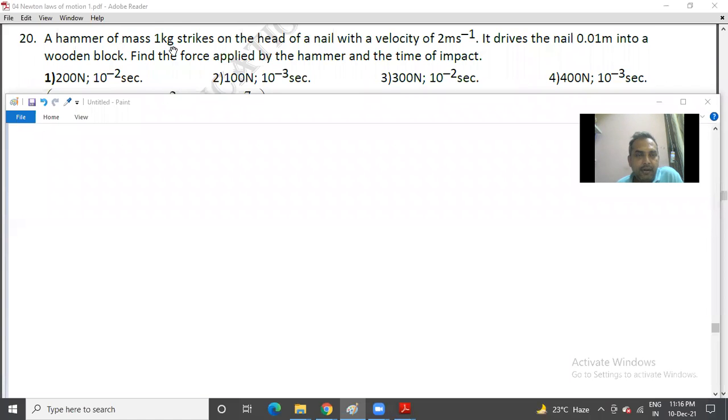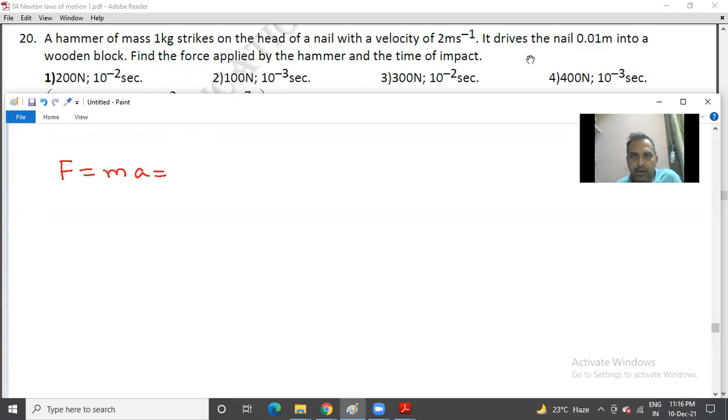A hammer of mass 1 kg strikes the head of a nail with a velocity of 2 meter per second. It drives the nail 0.01 meters into the wooden block. Find the force applied by the hammer and the time of impact. First let us find the force. Force is equal to ma.